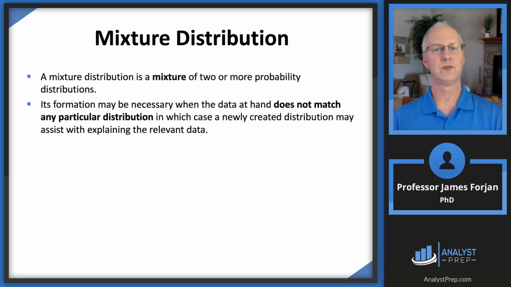A mixture distribution is exactly what the name suggests, a mixture of two or more probability distributions. And so what happens is that, of course, with those PDFs, you can test if your random variable follows this distribution or that distribution. And a lot of times it nearly follows that kind of distribution.